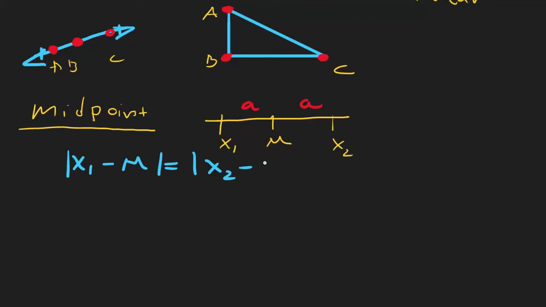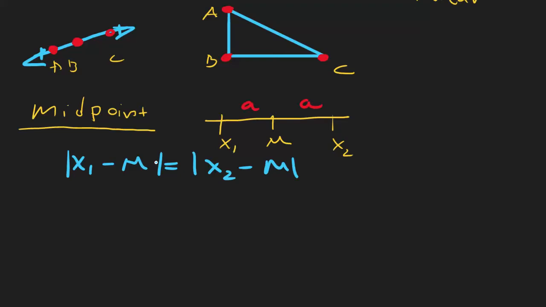And basically these are equal if and only if their distances are the same, so you would have to figure out a formula for this.